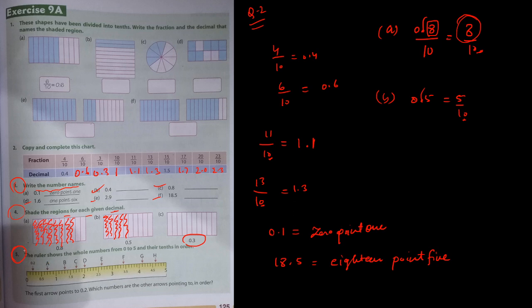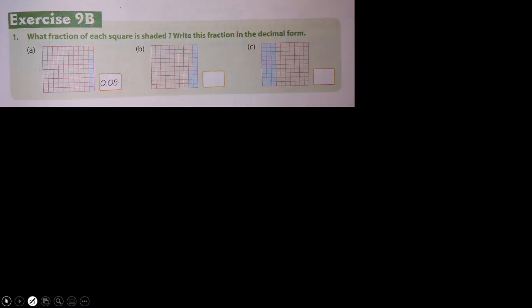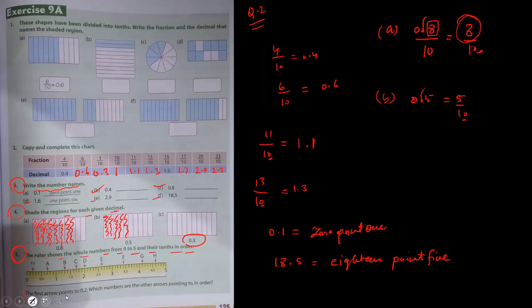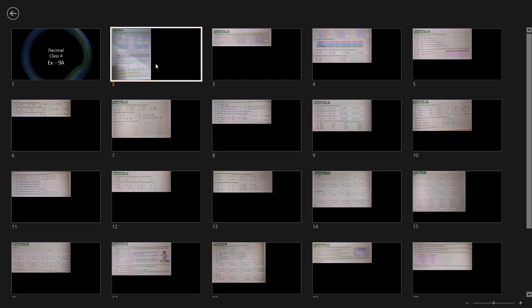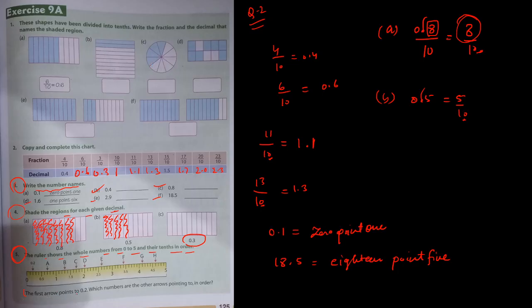Question 5, it says the ruler shows the whole numbers from 0 to 5 and their tenths in order. Okay, so what you have to do is the first arrow points to 0.2, which numbers are the other arrows pointing to in order.